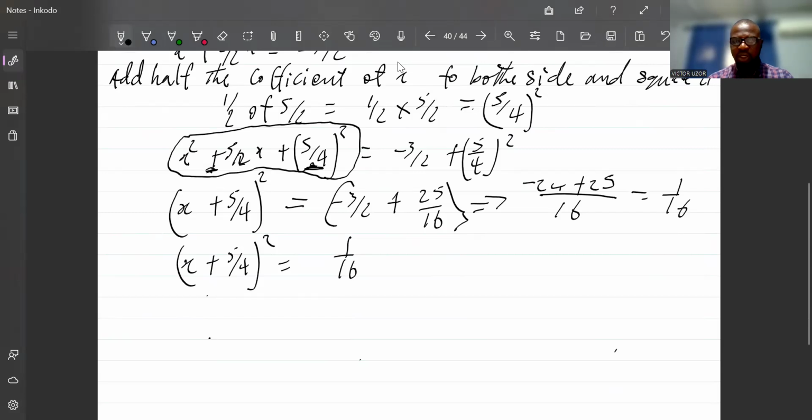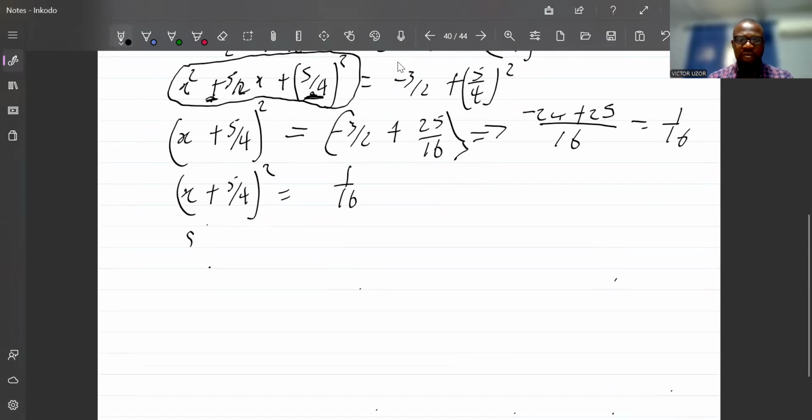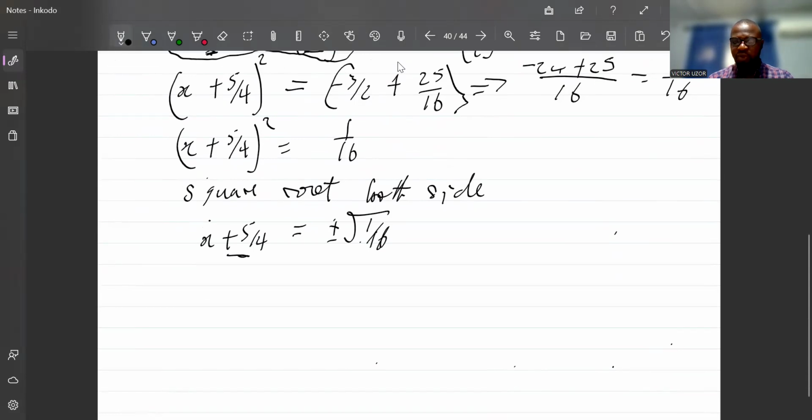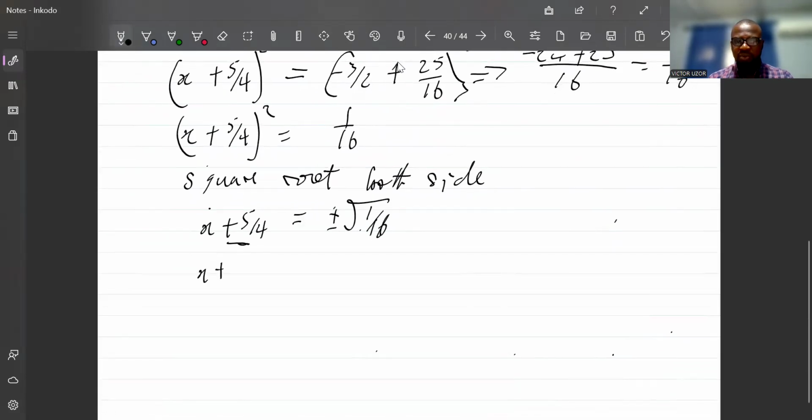This is what I got here. From there, I can now square root both sides. By square rooting both sides, we are now going to have x plus 5 over 4 is equal to plus or minus the square root of 1 over 16. I didn't bother doing it on this side because I already know that the square root will remove the square. So I will now have x plus 5 over 4 is equal to plus or minus 1 over 4.